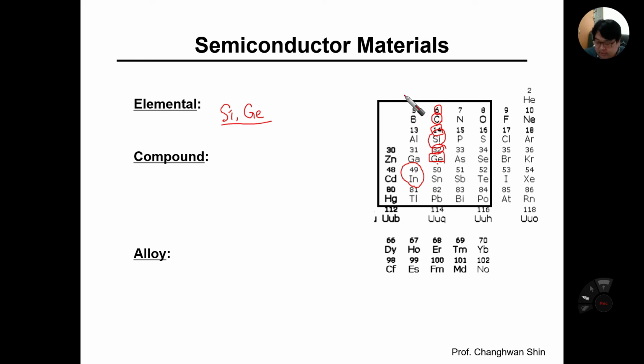Here, column 3. From column 3, please pick one atom. And column 5, this is column 4, column 5, you can pick arsenide. Then the compound semiconductor material is indium arsenide.